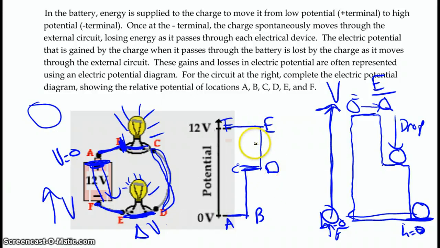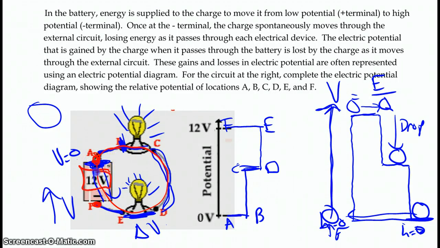So in terms of the amounts dropped, there's one major rule that will be very helpful going forward. Anytime you go around one complete loop of a circuit, all of the potential energy that you put in, all the potential gained inside the battery, has to be used up by the time you get back to the other terminal.